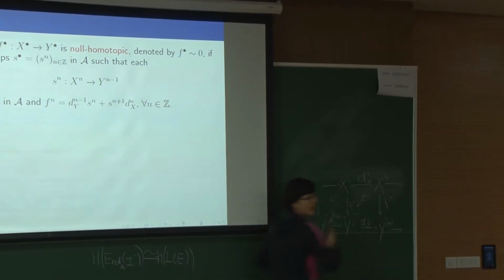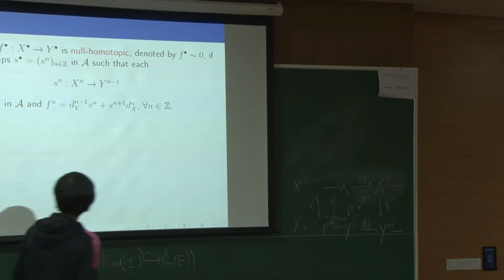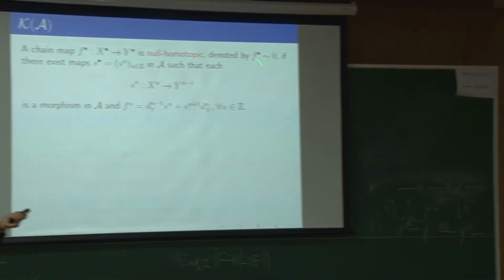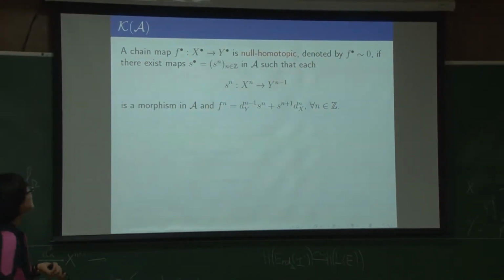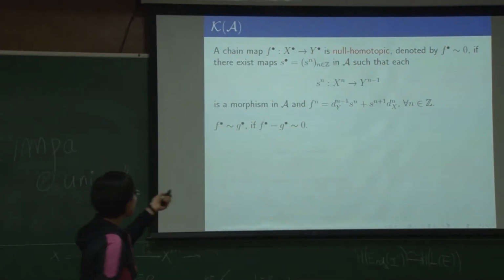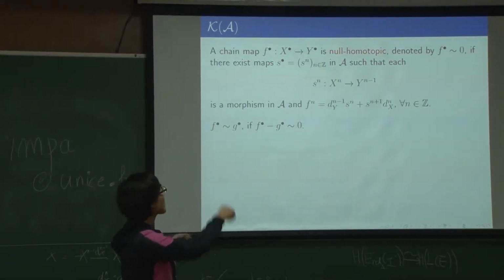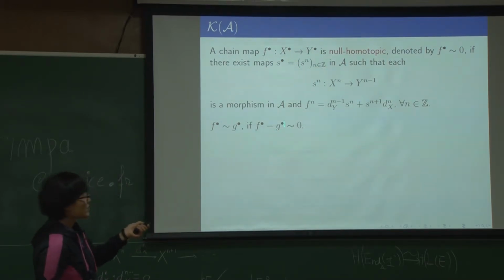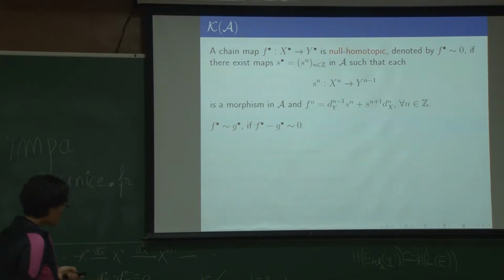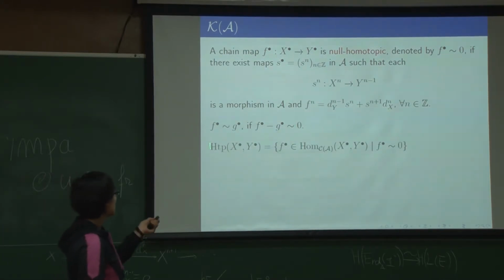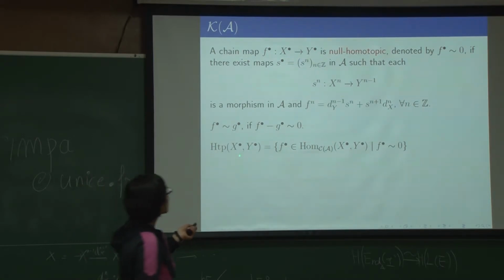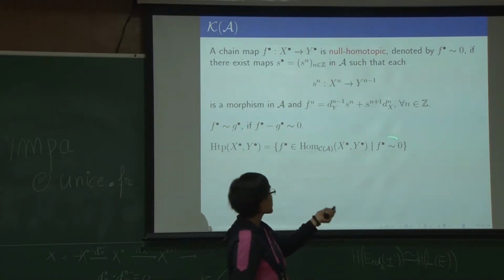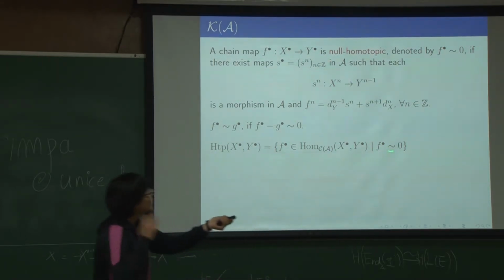This gives us this F^i. If this holds, we call this chain map null-homotopic. We denote it by this. Given two maps F and G, which are both from X to Y, we call them homotopic if the difference is null-homotopic. So now we have the null-homotopic chain maps from X to Y. It contains the chain maps from X to Y such that they are null-homotopic.